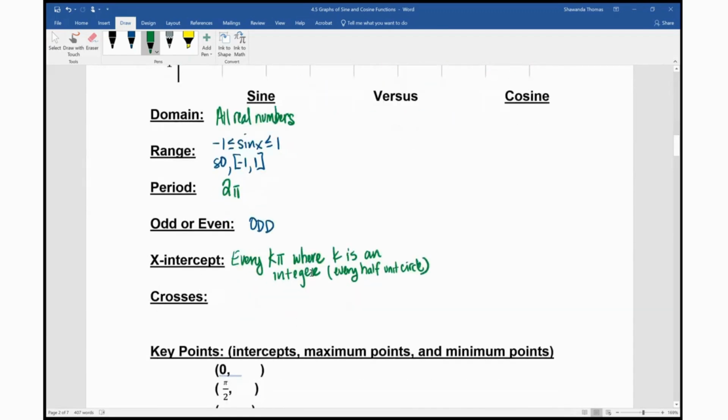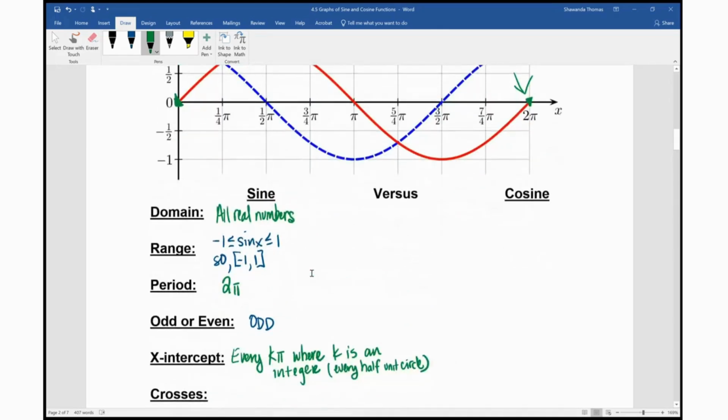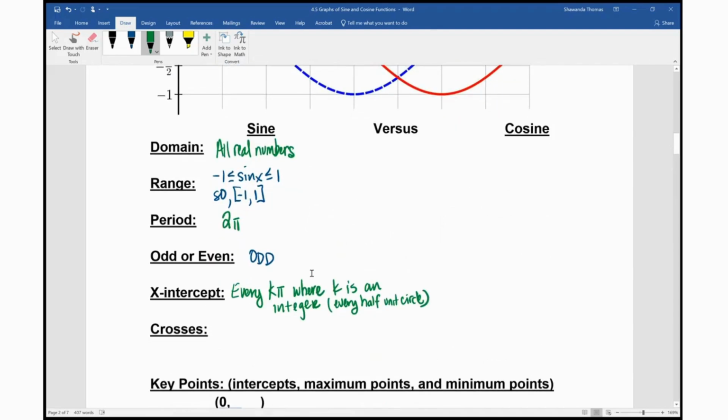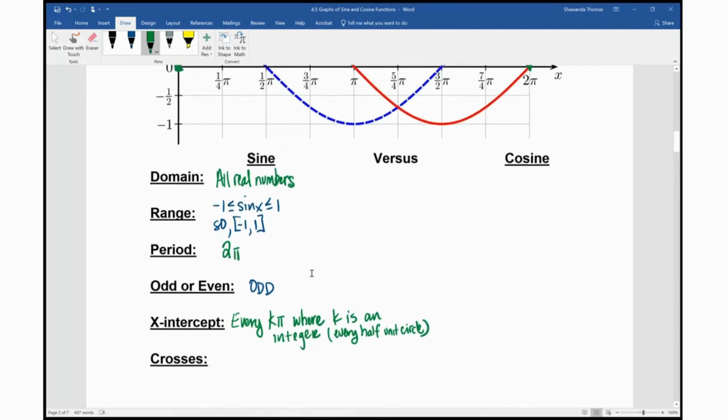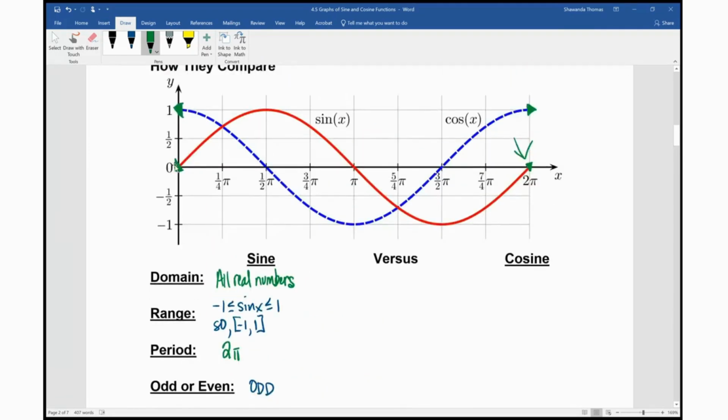Notice the sine function crosses the x-axis at the ends and the center.